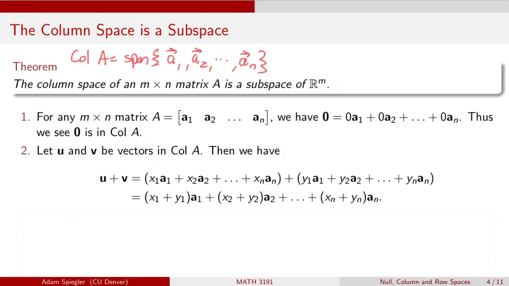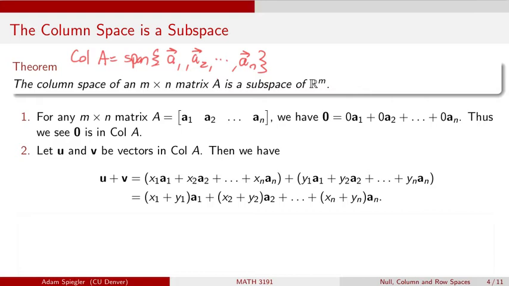Let's check the vector addition operation to make sure that it is closed. So if I have two vectors u and v in the column space of A, that means vector u I can write as some linear combination of columns of matrix A. Vector v I can write as some other linear combination of these column vectors. And now when I add these two vectors in the typical way, we could group our terms. So this would simplify to x1 plus y1 times a1.